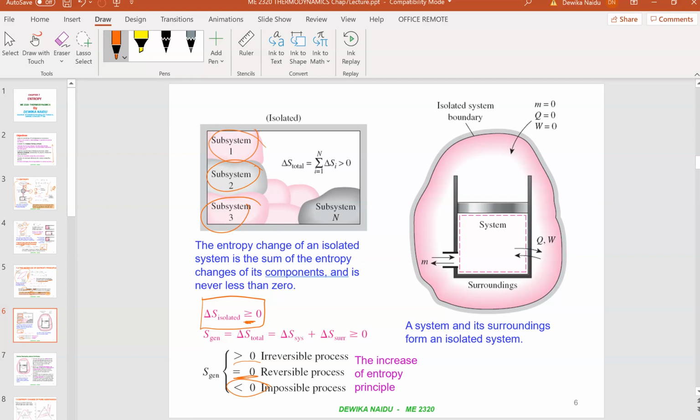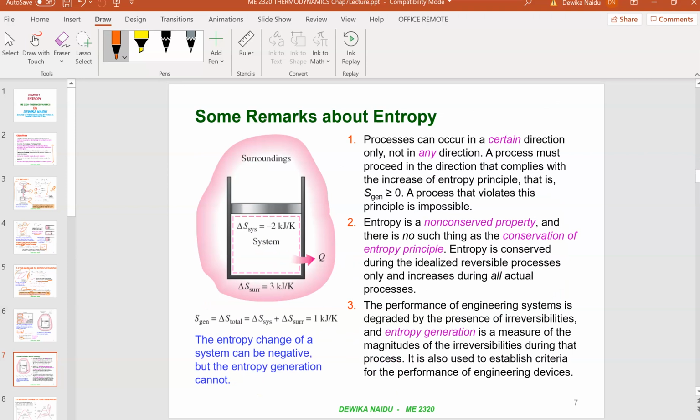Therefore, system and surroundings can be viewed as two subsystems of an isolated system, and the entropy change of the isolated system during a process is the sum of the entropy change of the system and its surroundings, which is equal to the entropy generation since an isolated system involves no entropy transfer. So that is the explanation for this part here.